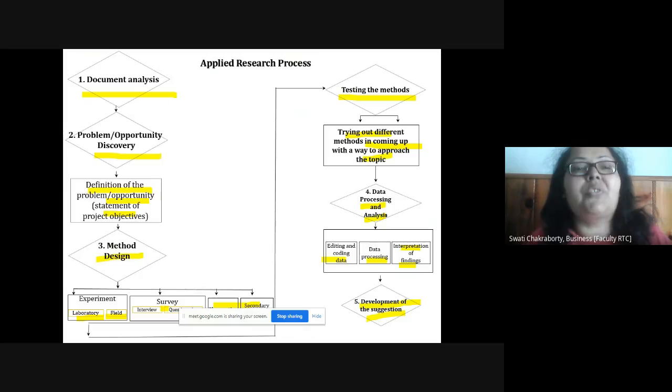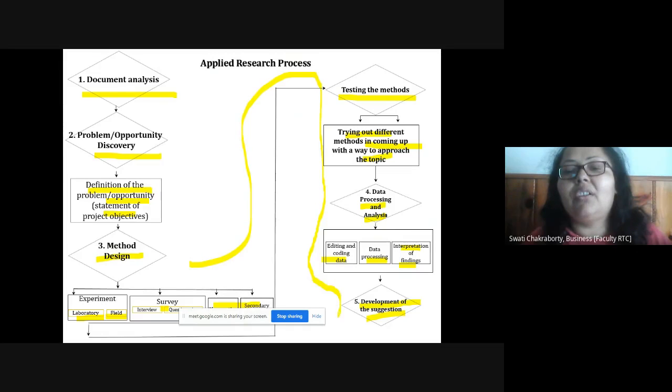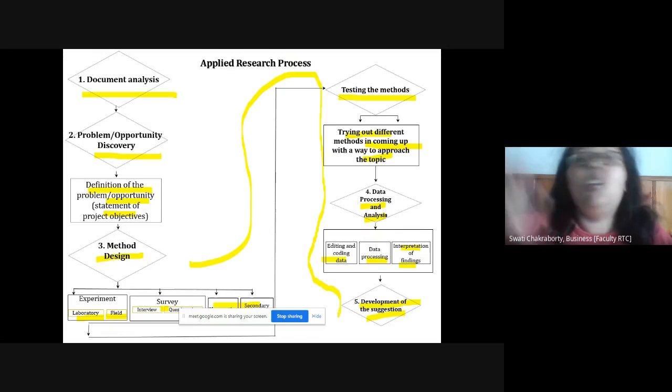Problem or opportunity discovery. First you do the literature review. From there, you find out your problem or the opportunity, and then you design the method, test it to see which is correct, then do the analysis and come up with your solution. This is exactly what you have to do.